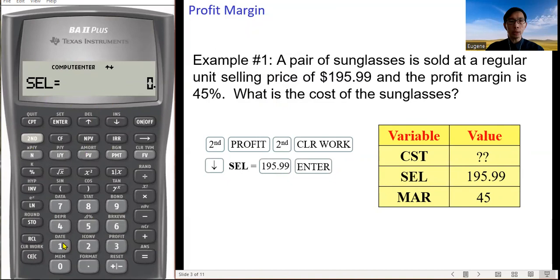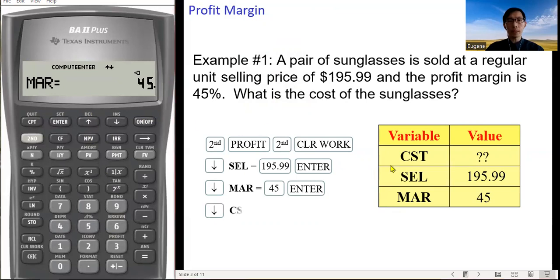Key in the number 195.99. Press enter. And then the next variable, MAR. Press the down arrow to get to MAR and key in the value 45. Press enter.